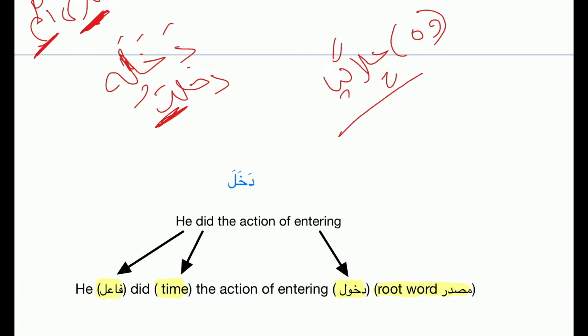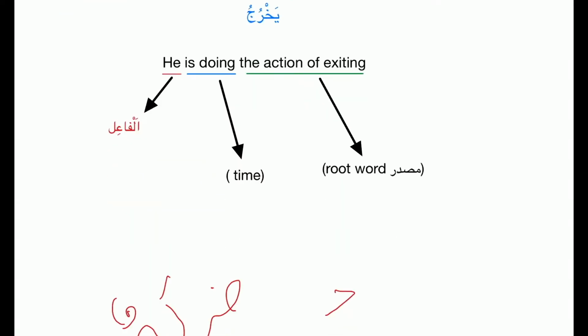Left. Look, for example, in Ayatul Kursi, when Allah says, يَعْلَمُ مَا فِي السَّمَاوَاتِ وَالْأَرْضِ. So how do we translate يَعْلَمُ in Urdu, in English? He knows. So what is inside يَعْلَمُ? The zamir mustatir. But the fa'il can never come before the fa'il.